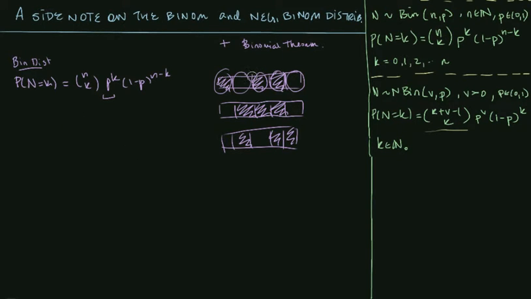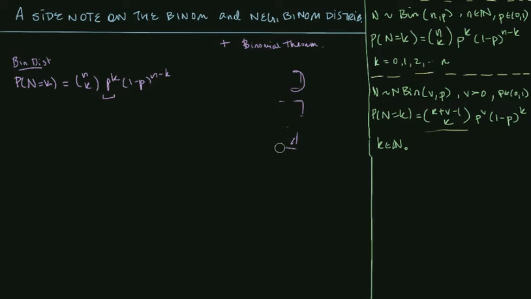So in order to understand this properly, we actually need to take a look at the thing that is called a binomial coefficient. So let's just write up the definition of a binomial coefficient here.